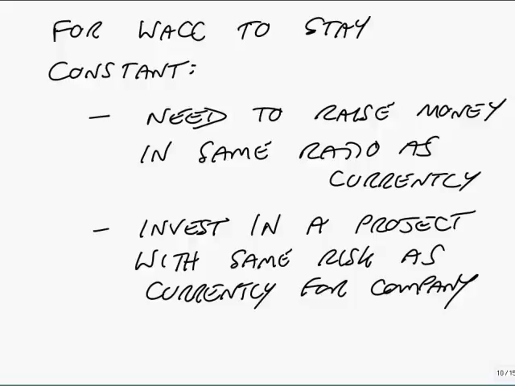Would that make sense? If either of those two things change, the weighted average tends to change and we've got a problem. But if and only if those two things apply, then you discount your project at the weighted average cost of capital.